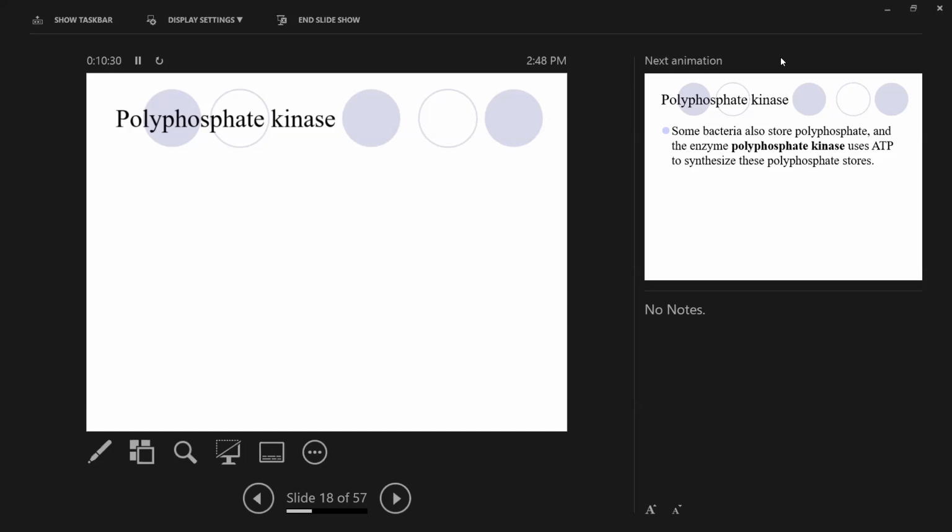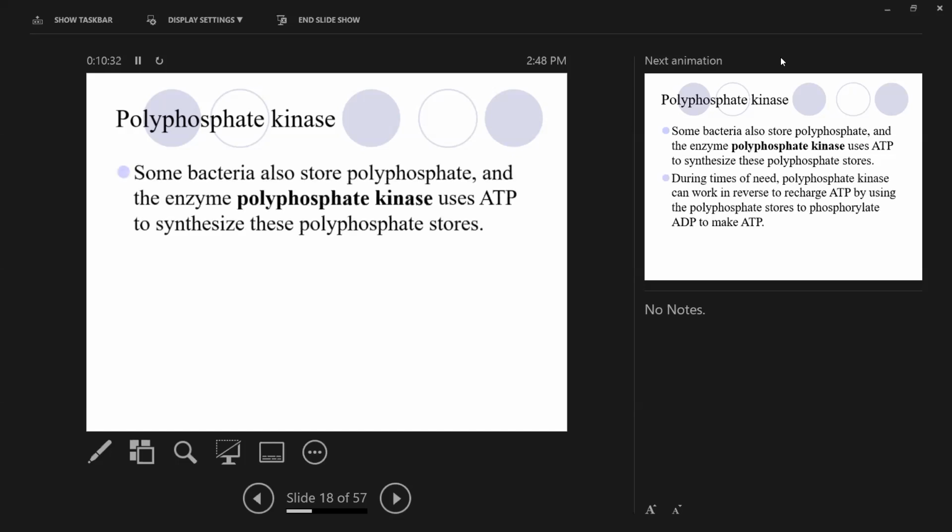So they have an enzyme that's called polyphosphate kinase. And they use all this extra ATP essentially to link a bunch of phosphate together, and it forms this little body inside the cell. It's really kind of cool. Called a volutin body. You can stain cells for volutin bodies.